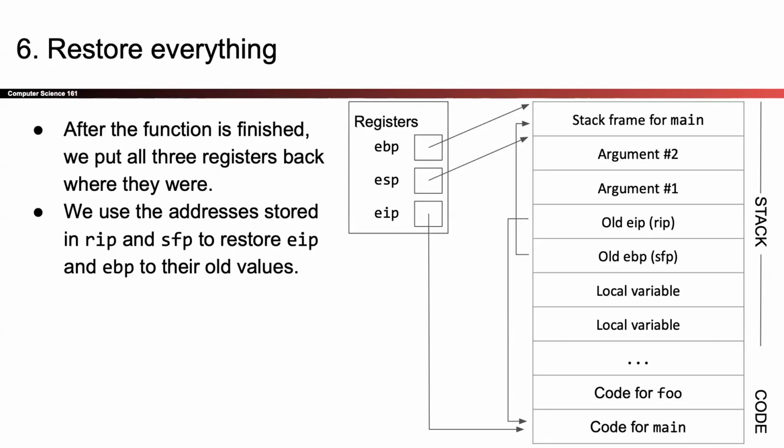So the ESP goes back to where it was. And the EIP is stored in memory on the stack. And so we have a special instruction that causes the CPU to start executing instructions at that address that was saved. So we go back into the caller's code and continue running the call. So that's conceptually how function call and function return works.